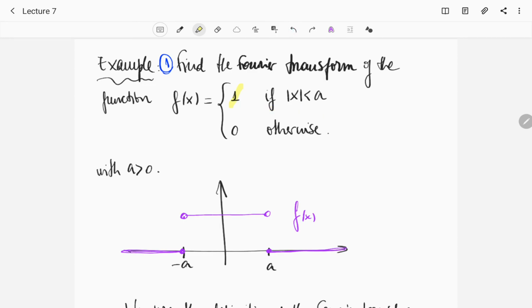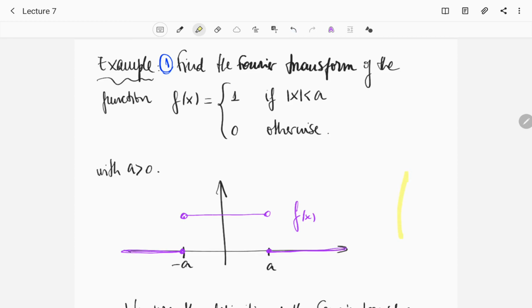So, this part is the interval minus a, a, and 0 otherwise. We also saw this function in lecture 6 with a equal to 1, and we computed the Fourier integral of this function. Now we are going to compute the Fourier transform of this function.